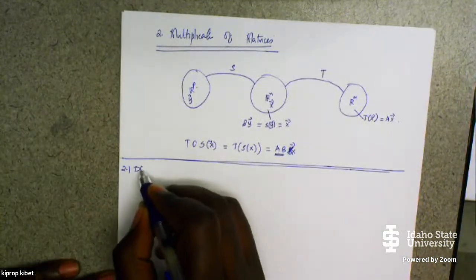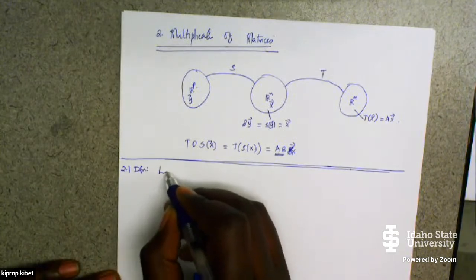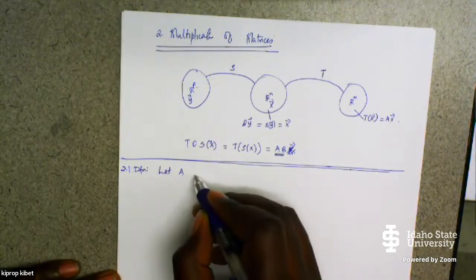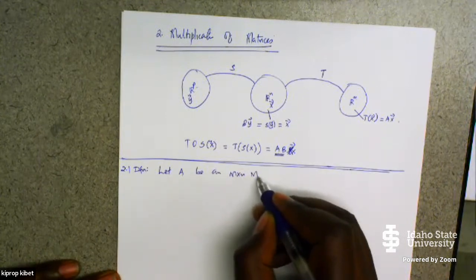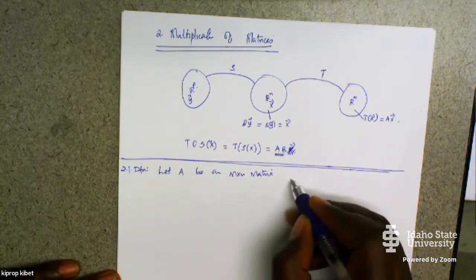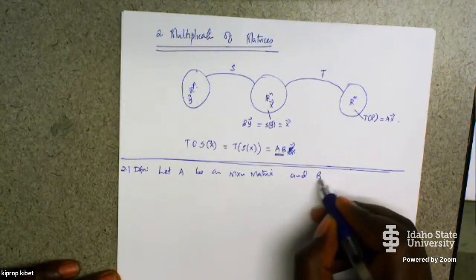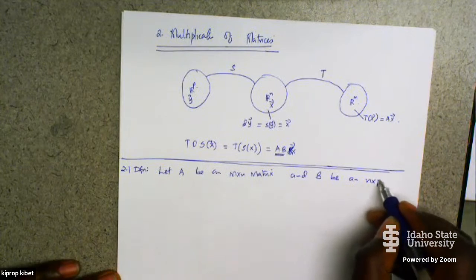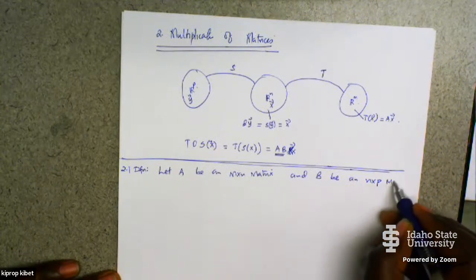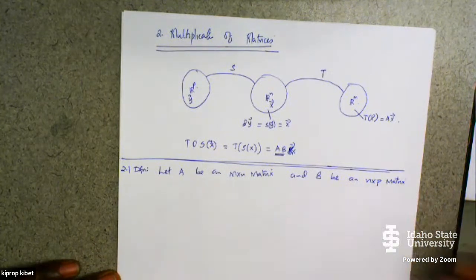2.1 definition. Let A be an M by N matrix and B be an N by P matrix.